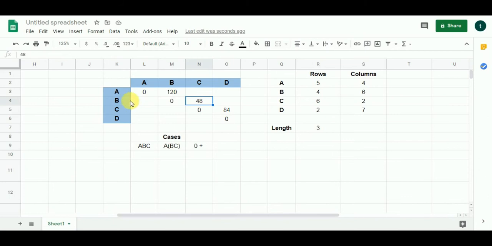This is the cell, as you can see, B to C, which gives me the cost of BC. So I'm going to put 48 over here. And then the multiplication cost, that means A with B and C. This is going to give me 5 into 4 multiplied by 2.